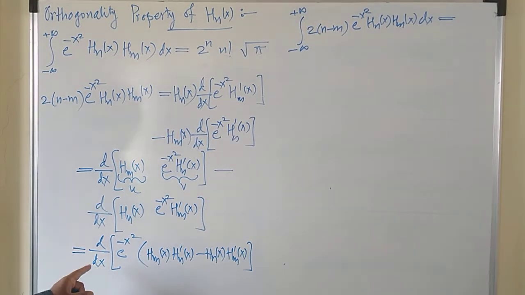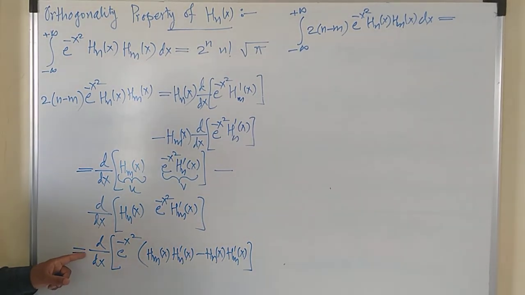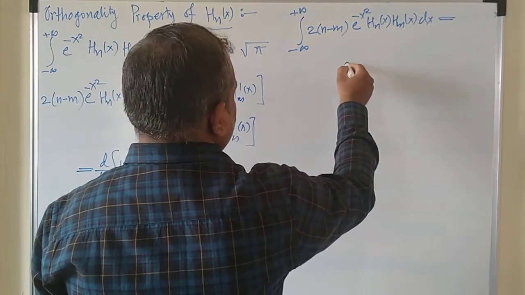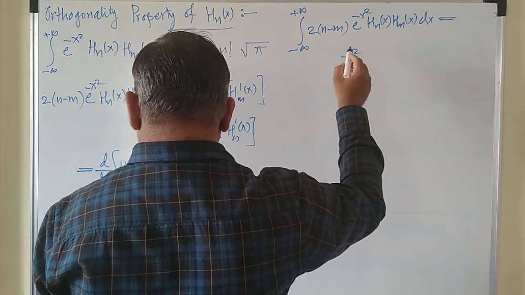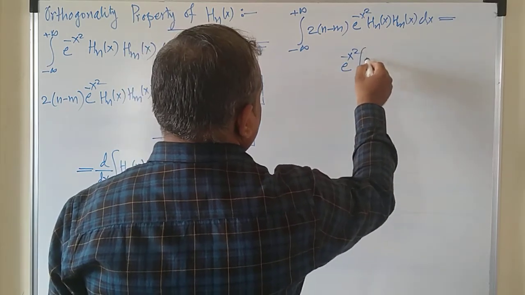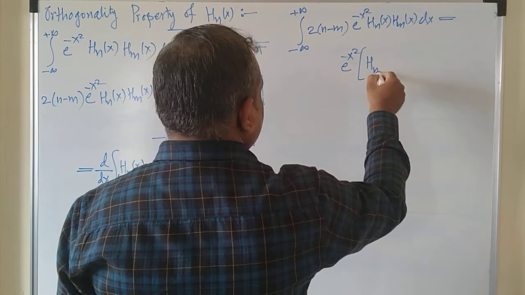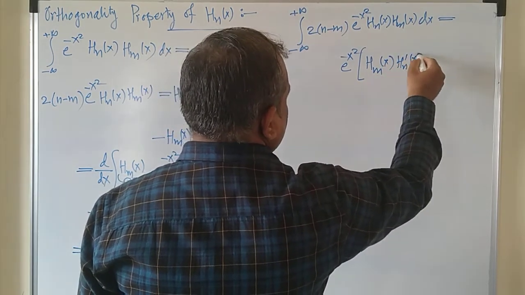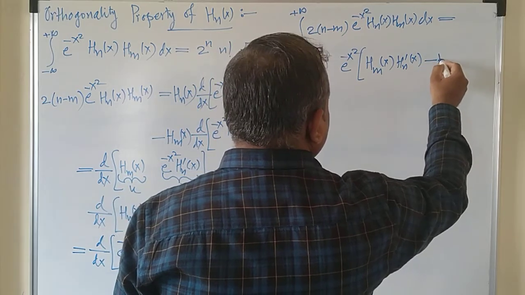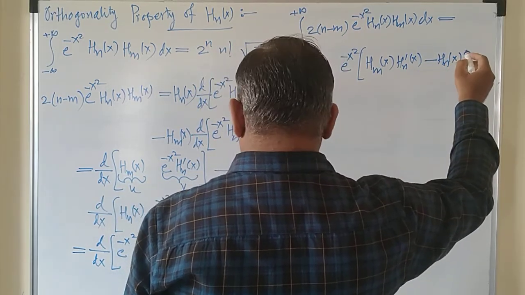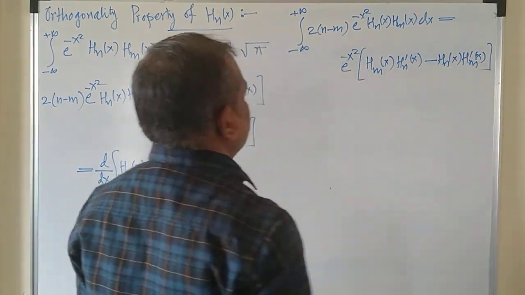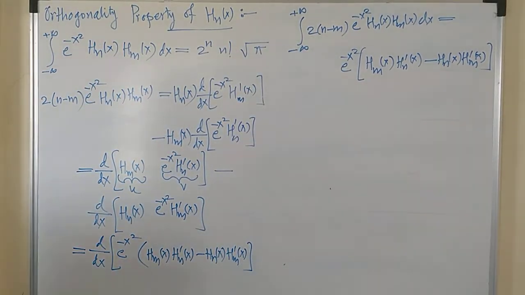Now integration and derivative will get cancelled with each other, and after that you will be able to write only this, and this will be equals to e raised to minus x square into Hm of x into Hn dash of x minus Hn of x into Hm dash of x. Got it? Right?